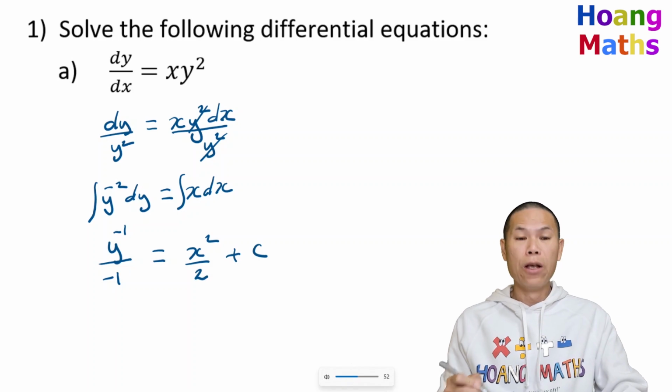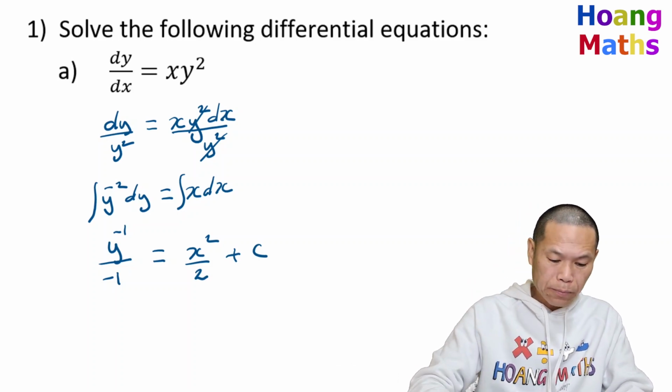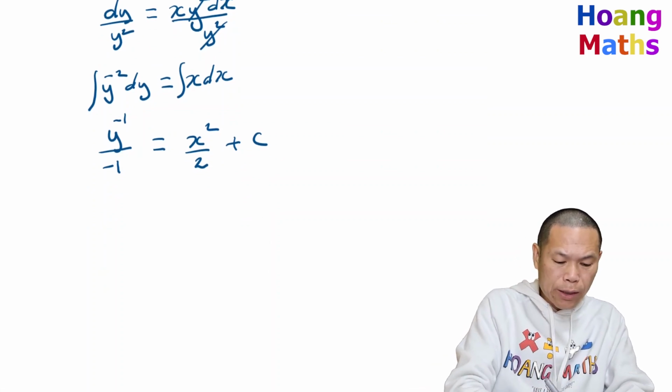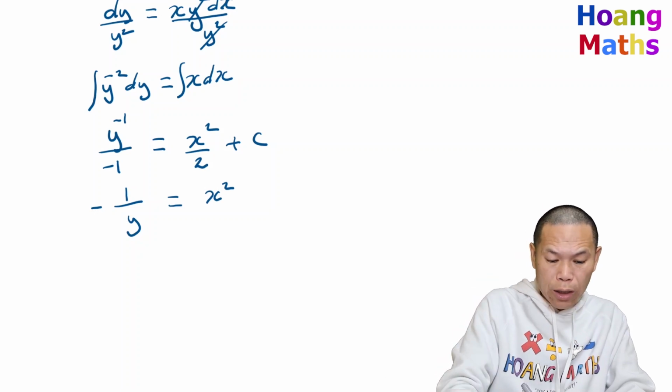Don't forget. Now we simplify this because we need to solve for y. I just bring the y down. This is exactly the same as -1 over y is x squared over 2 plus c. I just times 2, so that means add 2c over 2.